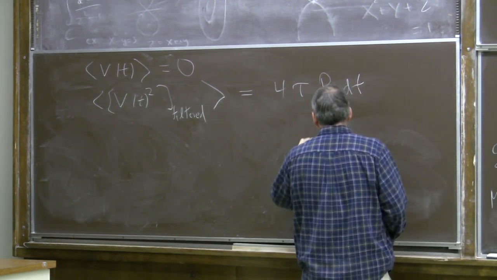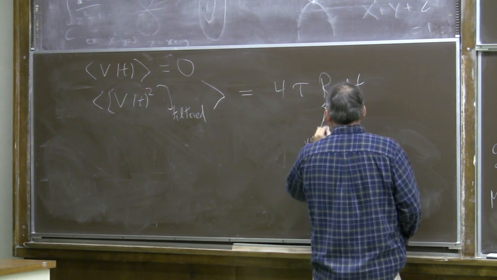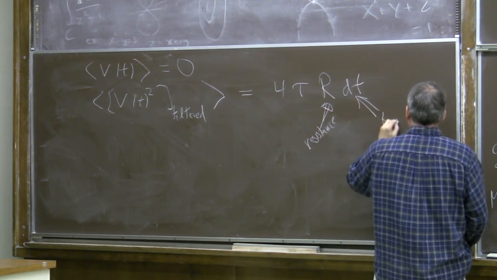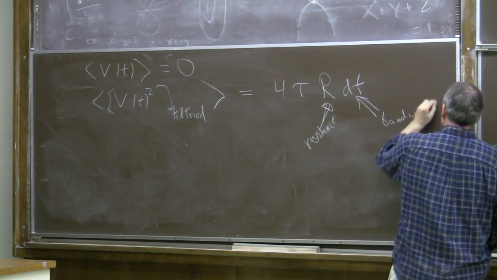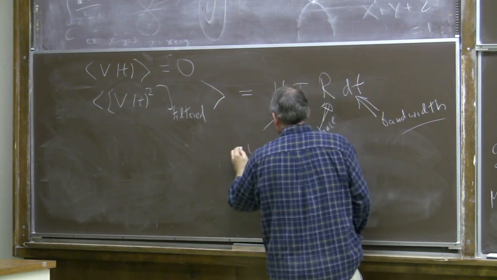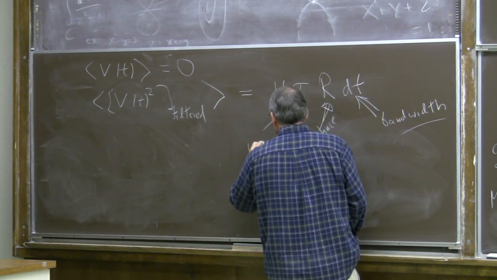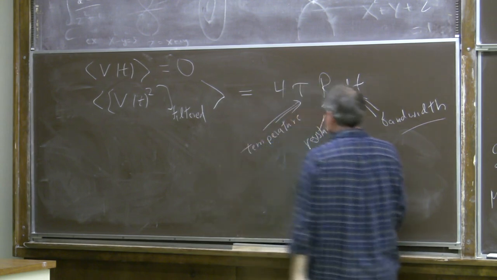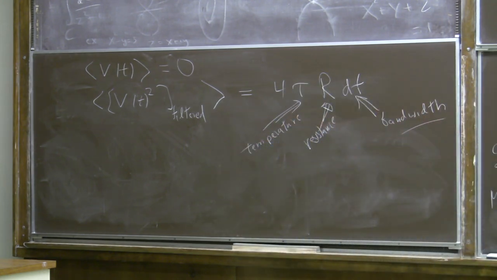This is the resistance. This is the bandwidth. And of course, this is the temperature. That's Johnson noise.